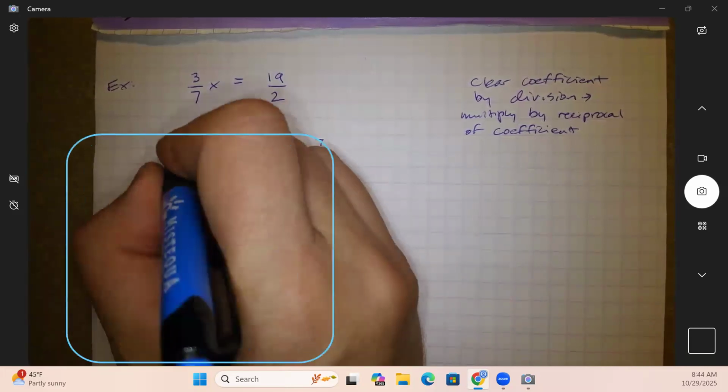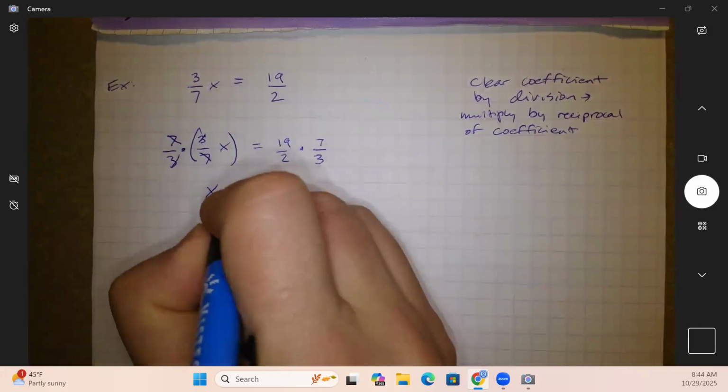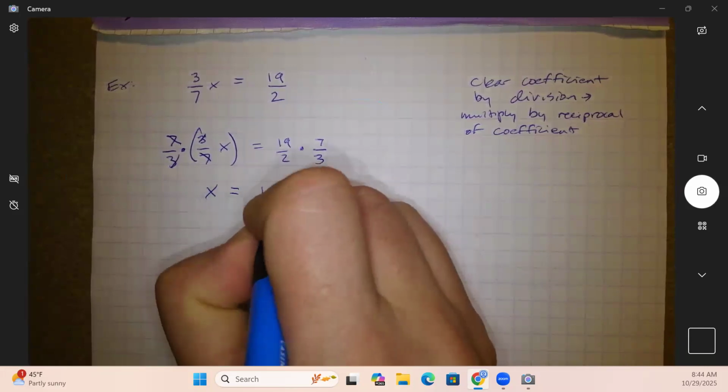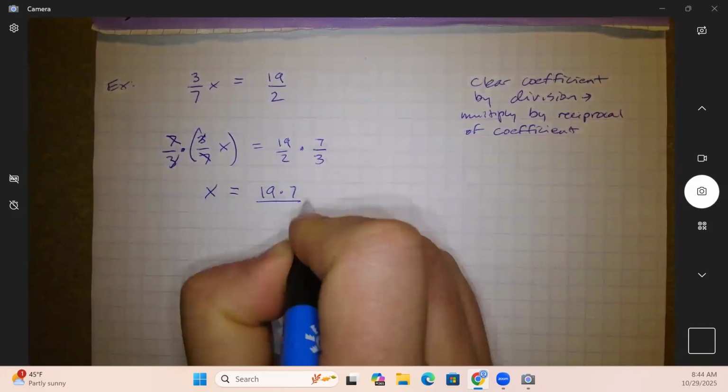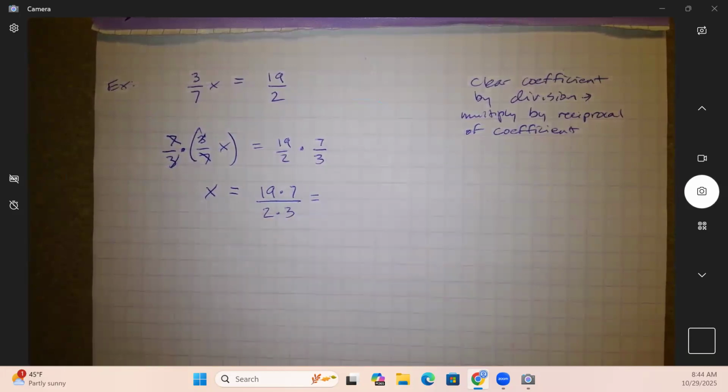Then the 7s on the left cancel, the 3s on the left cancel, which gives me the x that I was looking for. And now I go to my reference sheet to remind myself, how do I multiply two fractions? I just get to multiply the tops and multiply the bottoms.